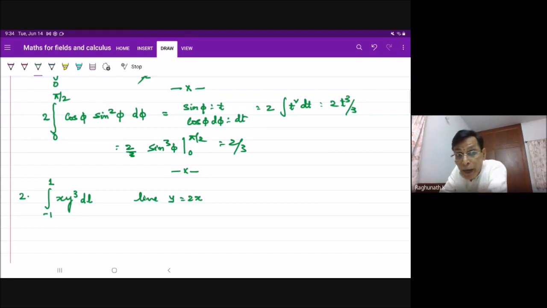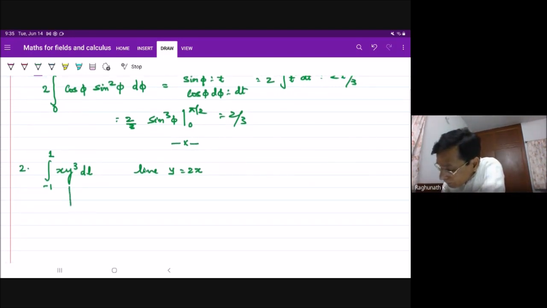At each and every point along the line, y is equal to 2x. So x varies from -1 to +1.